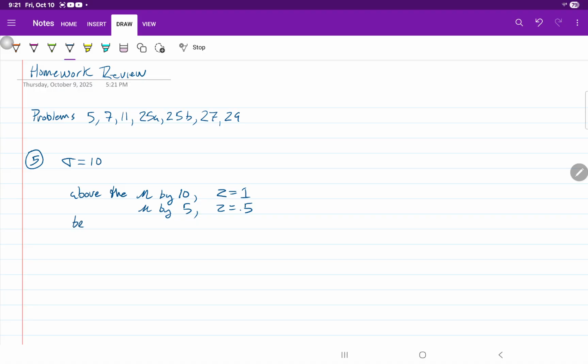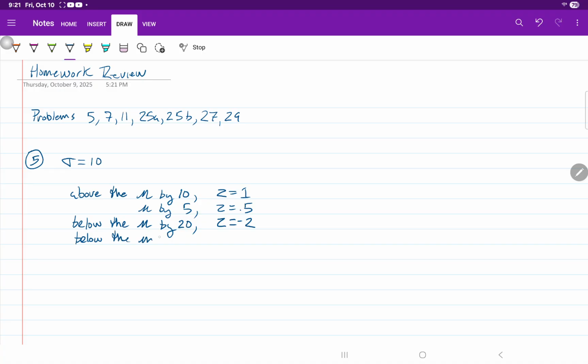Now we have below the mean by what? By 20. So 20 is 2 units of standard deviation, but we're below the mean. So we have our 2 units of standard deviation, but since we're below the mean, we need to add a negative sign. Okay?